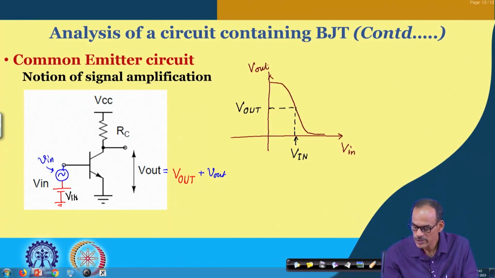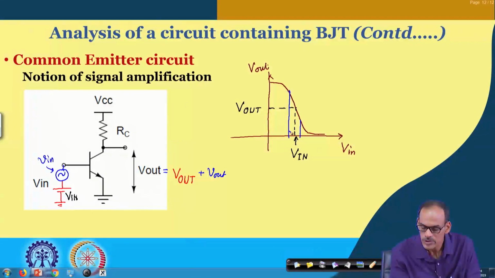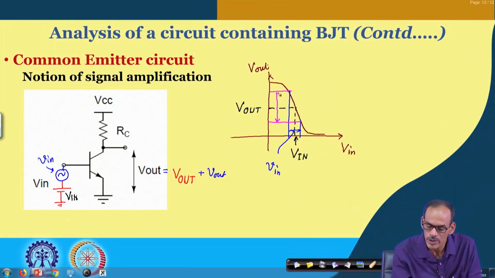And with respect to that, if we apply some input here, that is small v small in, and the corresponding effect we are getting here is the variation of the V out, and we call this small v out.